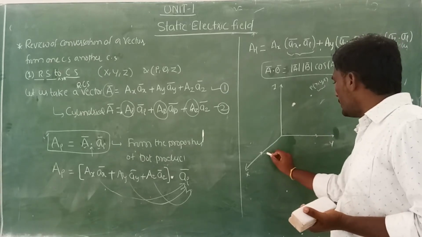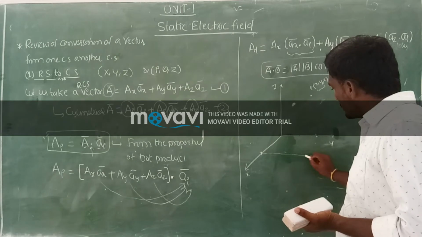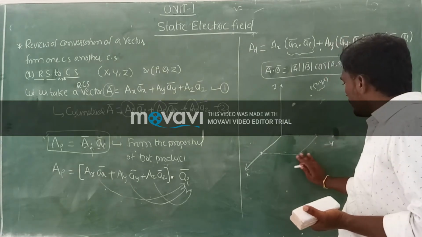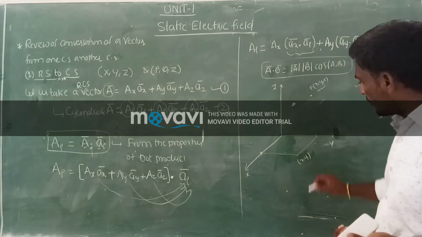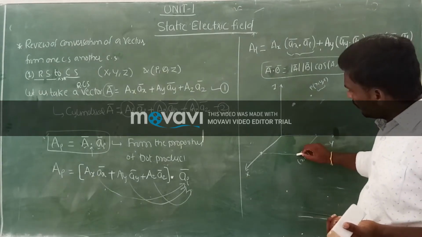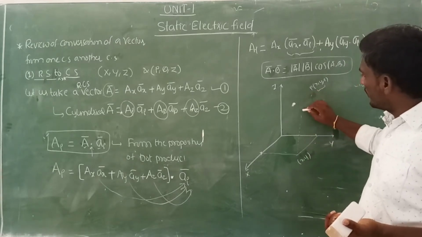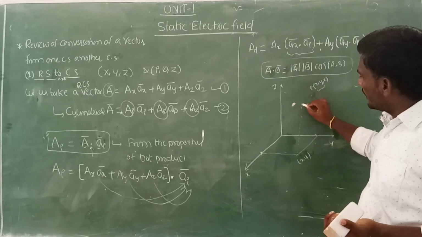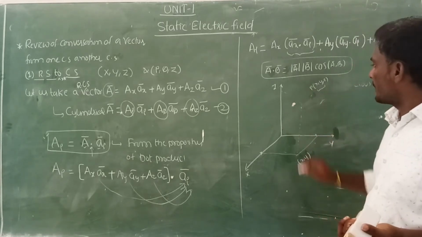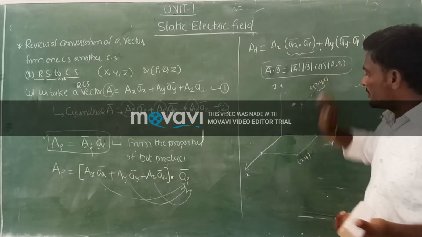If you join these 2 points, you get the x, y point. From here, if you go in the direction of the z axis, you get the point x, y, z like this.